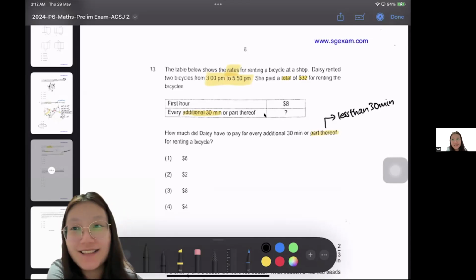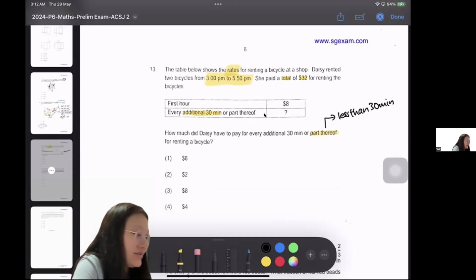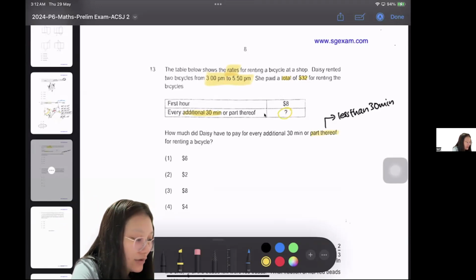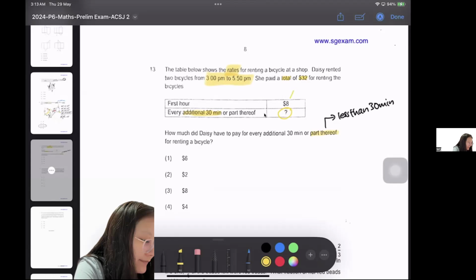Sometimes if you never see the word before, like part thereof, you just need to guess the meaning. So when they say part, what could it mean in this case? Probably less than 30 minutes, right? So how much did Daisy have to pay for every additional 30 minutes? As you can see, there's a question mark there, so there's a question. Okay, so let's work with what we have. The first hour is $8.